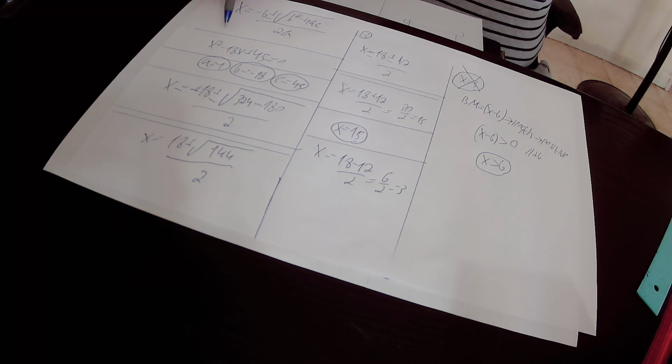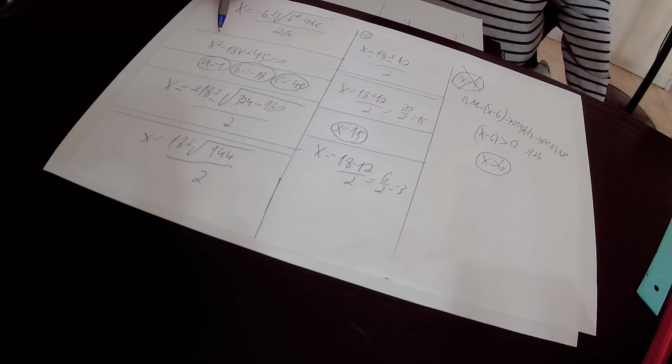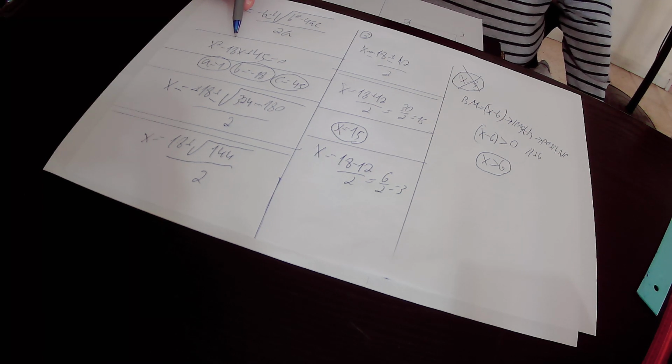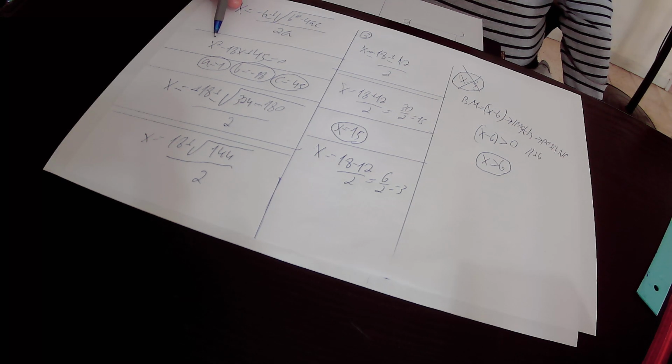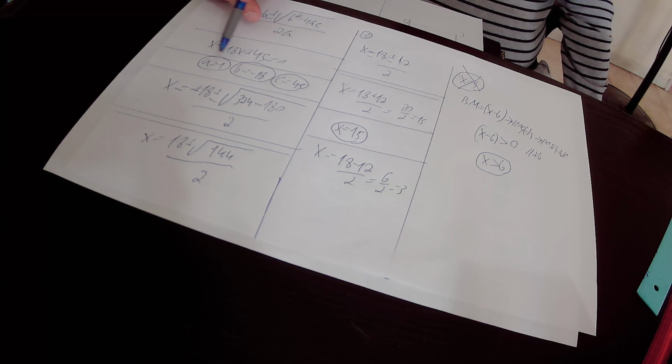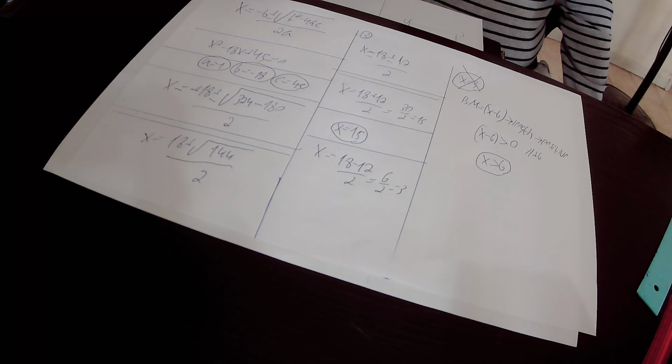In our specific quadratic equation, that is to say x squared minus 18x plus 45 equals 0, the coefficient a equals 1, the coefficient b equals minus 18, and the coefficient c equals 45. Now we have to put this data inside this general formula in order to find out the values of x. x is the radius of the quarter circle.